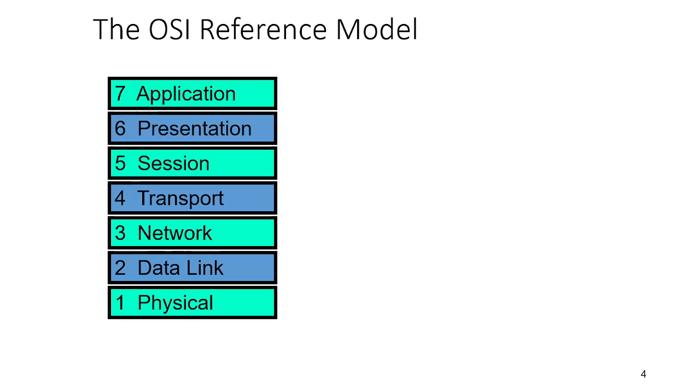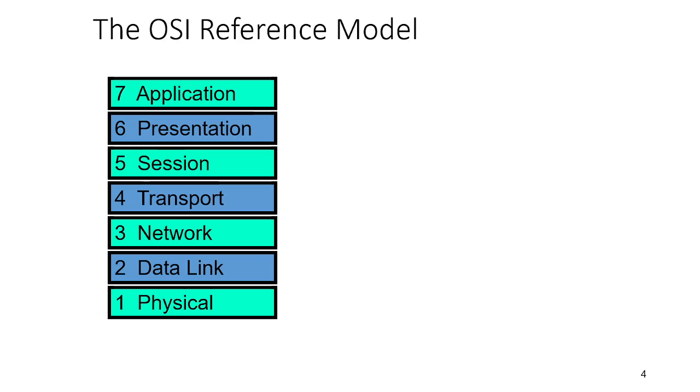Real-life example of the OSI model: imagine you want to send a letter to your friend. The process includes writing the letter, putting it in an envelope, writing the address, sending it through a courier, and delivery to the receiver.